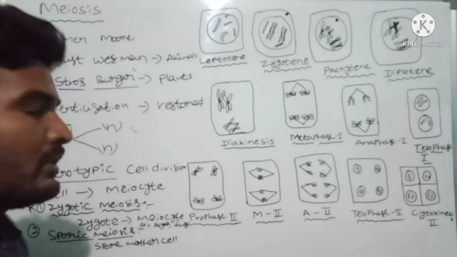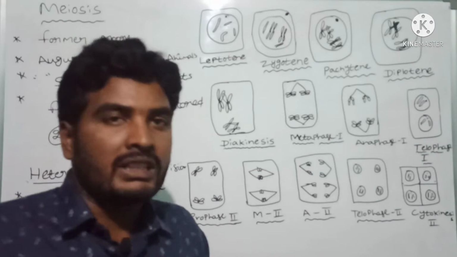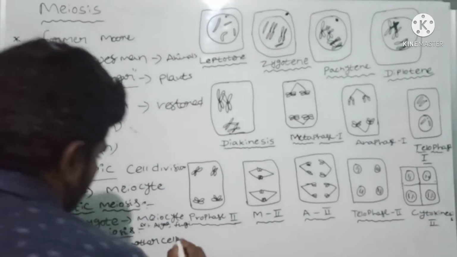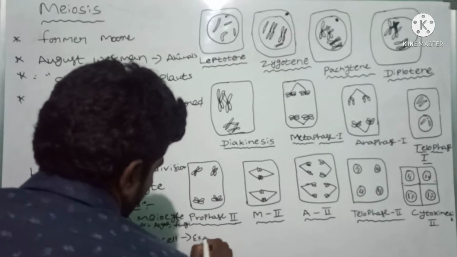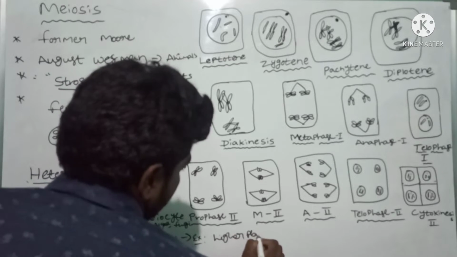The best examples are higher plants. All higher plants come under sporic meiosis.